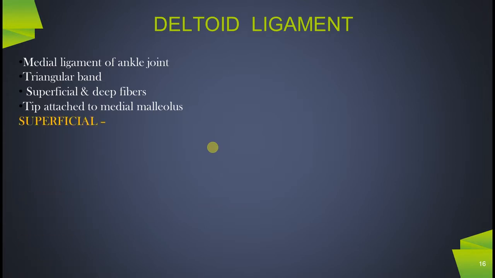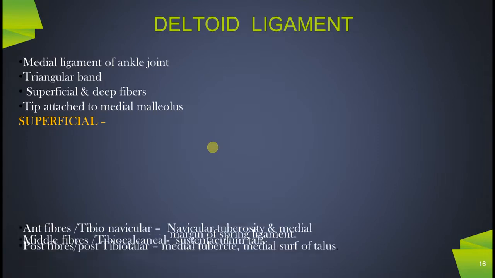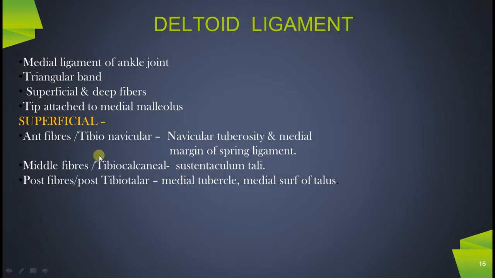The superficial fibers diverge from the medial malleolus anteriorly to the navicular tuberosity, the tibionavicular fibers, which merge with the spring ligament or plantar calcaneonavicular ligament. From the tip of the medial malleolus, it goes to the navicular bone.